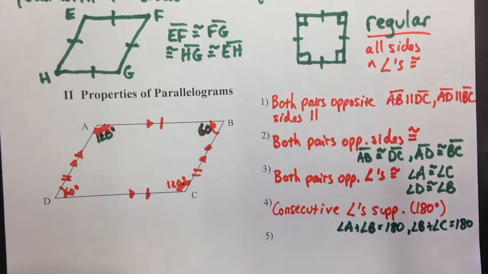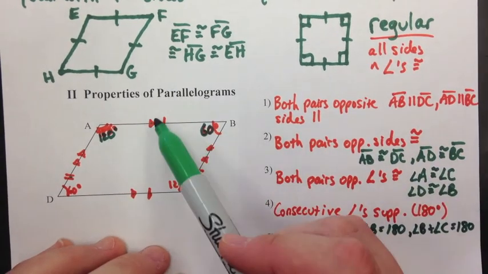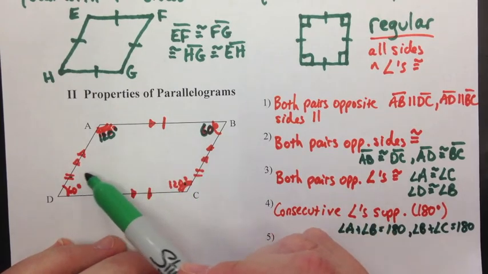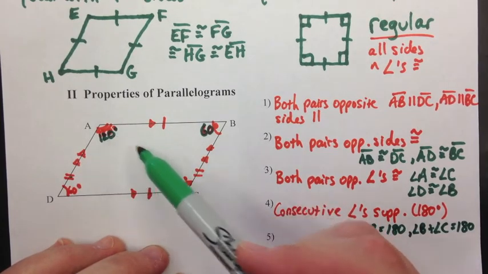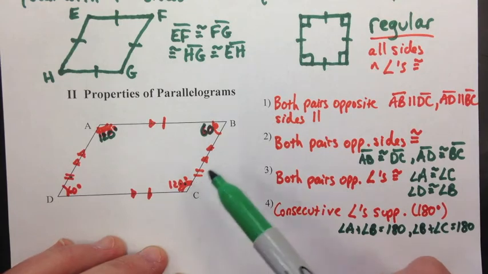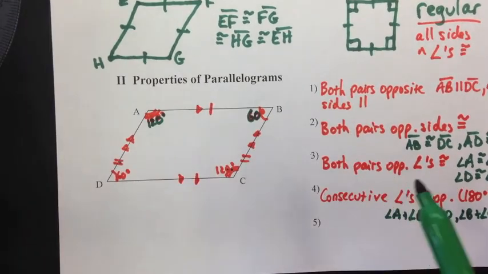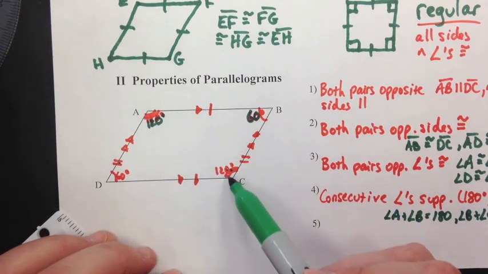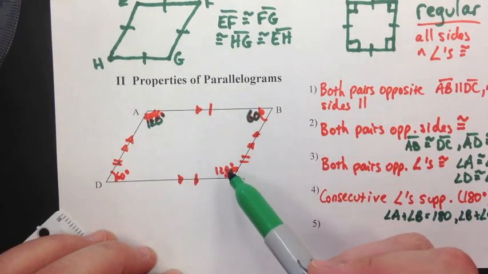Now the last property. We've got opposite sides are parallel, opposite sides are congruent, opposite angles are congruent, both pairs, consecutive angles are supplementary, and the last thing is the diagonals. A diagonal in a quadrilateral is where I connect opposite points.